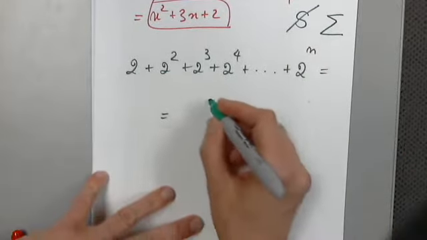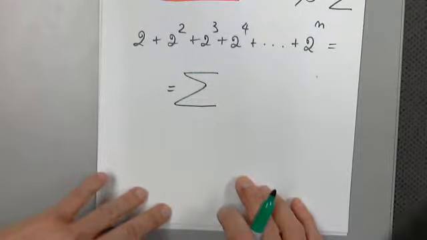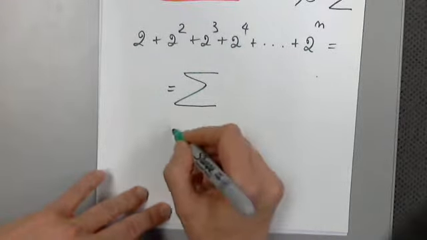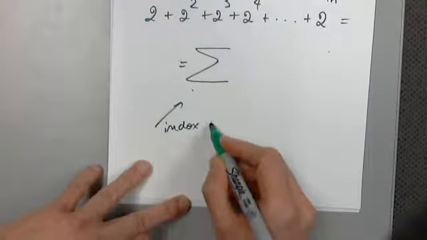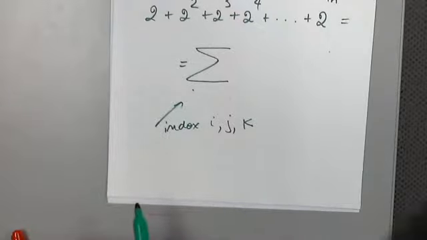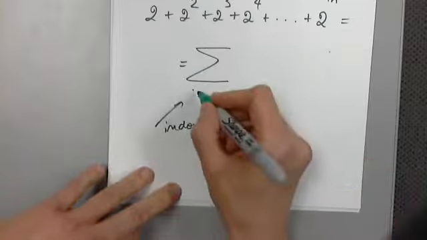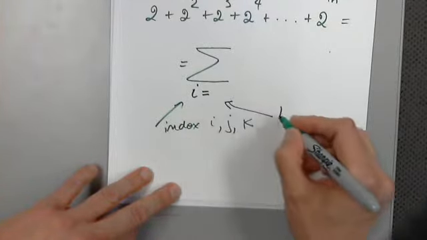So we're going to write the sum or the sigma. There must be an index. The index is either I or J or K in general. It can be other letters, of course. Let's use I. From I equals a number, and this will be the lower limit.